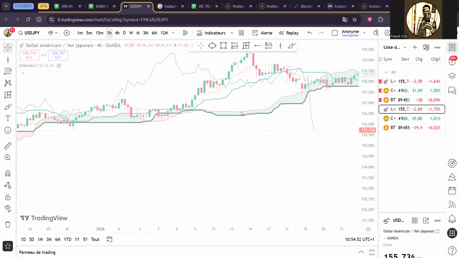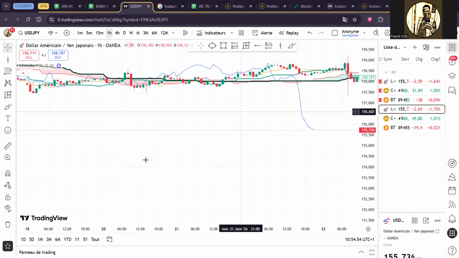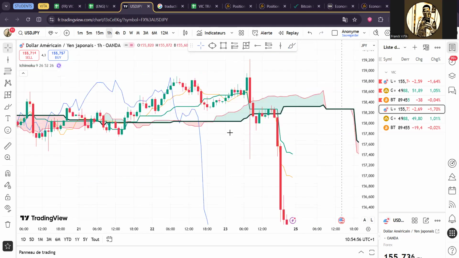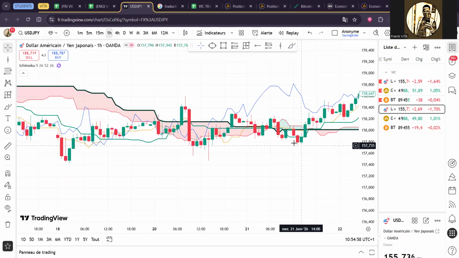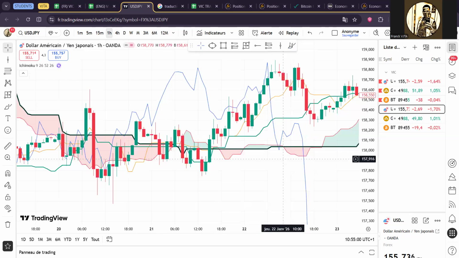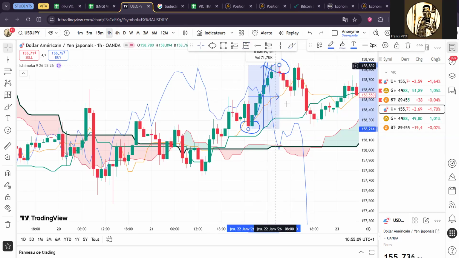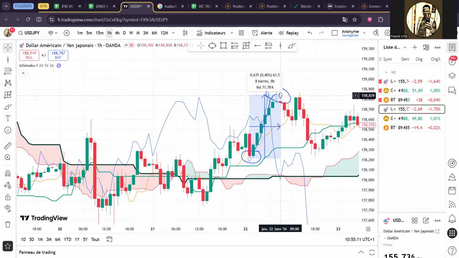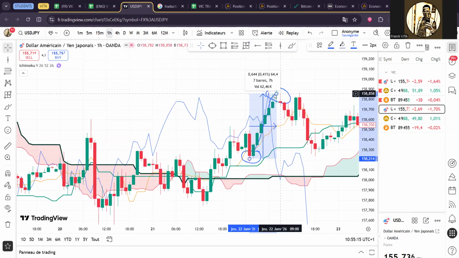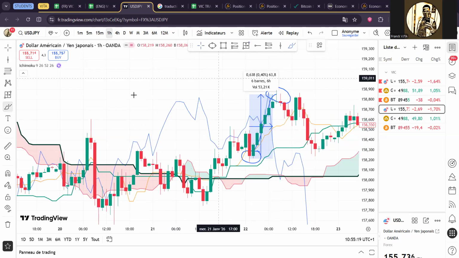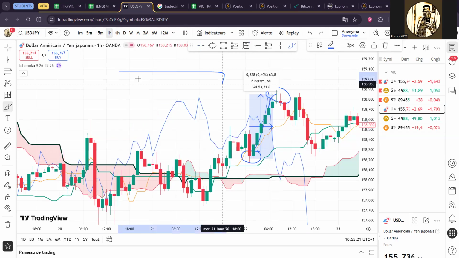Now, when you have a 1 hour setup, let us take this example. This is a 1 hour setup. You have a setup here, and the take profit was up to this point, to the top side. This trade took roughly, let us say, 6 hours for your take profit to be validated.